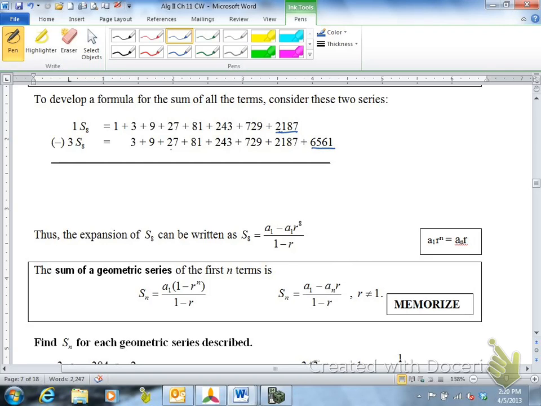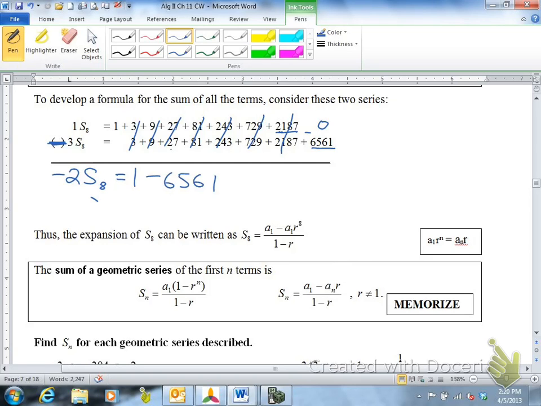And then we use that idea that our old friend from the 1800s, Carl Gauss, used, it's kind of the same idea. We subtract these two series. We would get 1S minus 3S is negative 2S sub 8. And all these subtract out, and we have 1, and we have 0 here, minus this would be negative 6561.